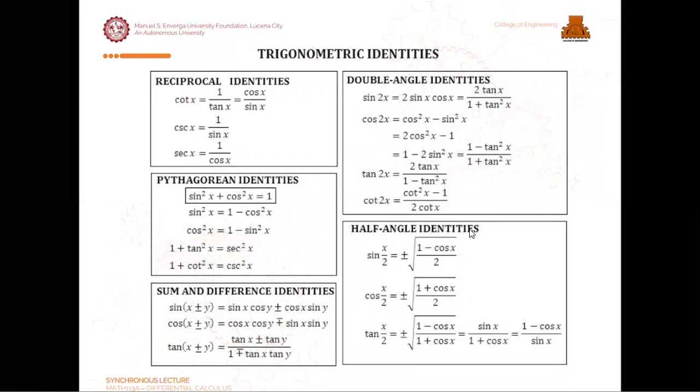So, try natin kunin yun. 1 plus tangent squared x equals to secant squared x. So, di ba pag halimbawa tinranspose ko yung secant dito sa left side, and kinuha ko yung tangent sa right side, magkakaroon tayo ng value na 1 minus secant squared x is equals to negative tangent squared x.